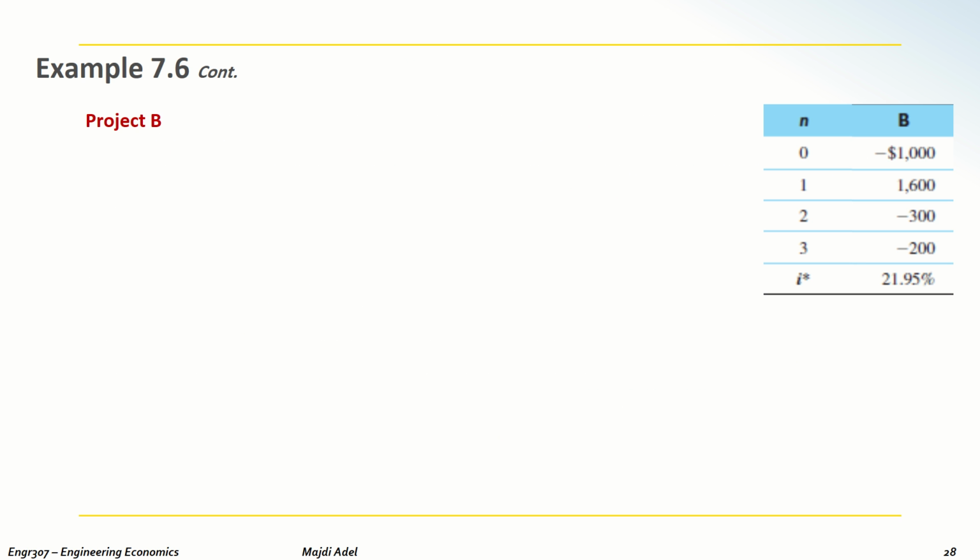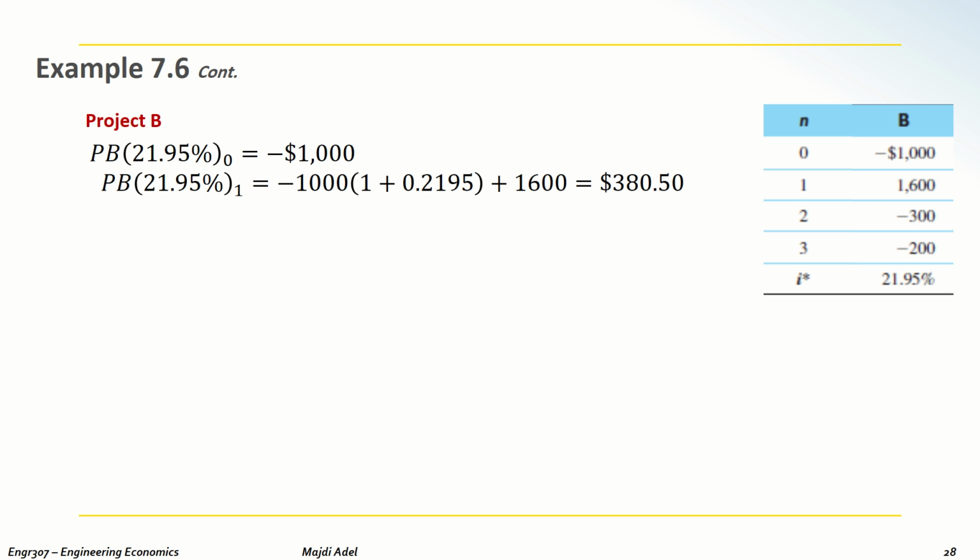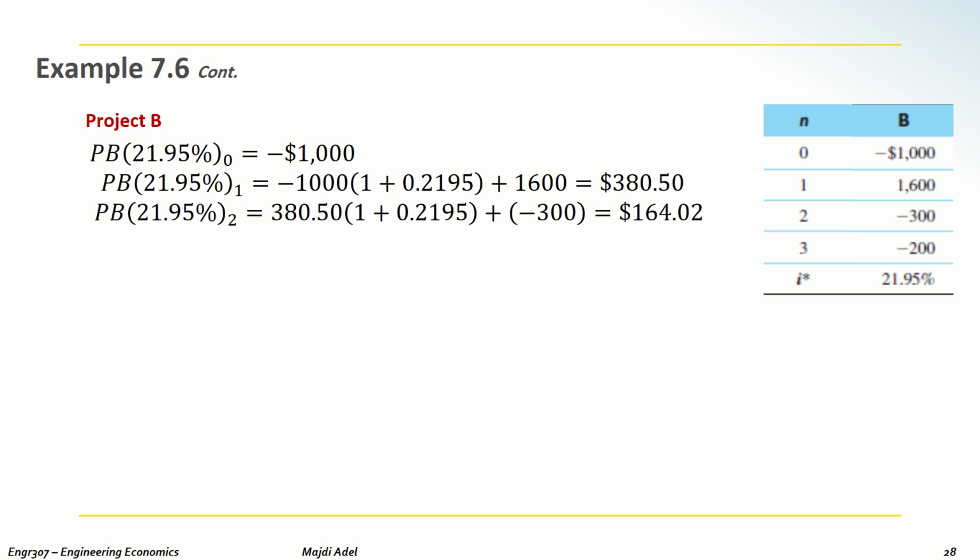For the second project, B, the project balance at n equals 0 is minus 1000. At the first year, minus 1000 multiplied by 1 plus i, 21.95%, which is the internal rate of return for this project, plus 1600. The answer is positive 380.5. The project balance at the second year is 380.5 multiplied by 1 plus i, minus 300.